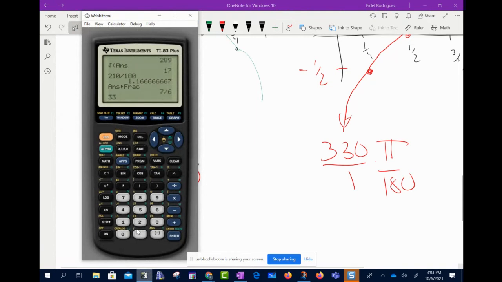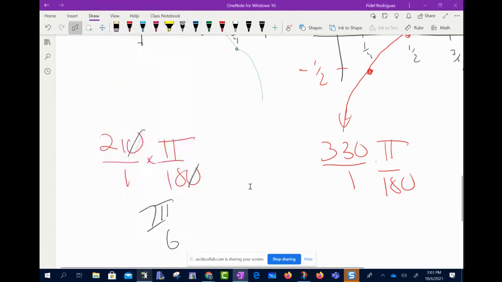I don't know if y'all have done this or not, but Thomas, you have that calculator 84, right? Do me a favor. If you have it with you, try doing 330 over 180 and tell me if it reduces it for you already. Do you already come up with 11 over 6? Yeah.